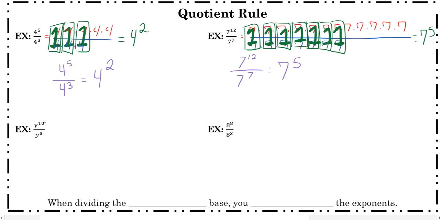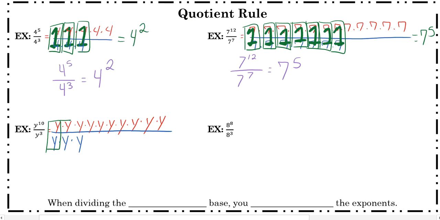If I look at my third example, I have y to the 10th. Y to the 10th would be y times itself 10 times, divided by y to the 3rd, so y times itself 3 times.